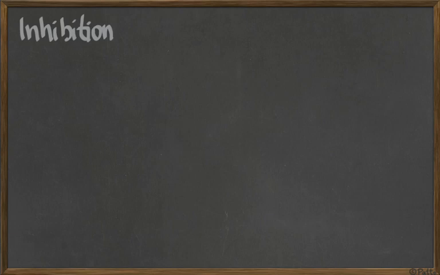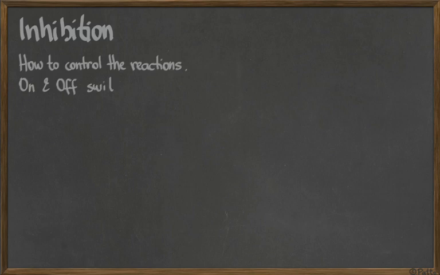So for that, there is a process called inhibition. Quite simple, quite straightforward sometimes. And let me show you here how to control the chemical reactions in your body, okay? Basically, how do you turn on and off a chemical reaction? If you have enzymes that are making a chemical reaction happen, one way that you probably would think of is that we could break the enzyme and destroy it.